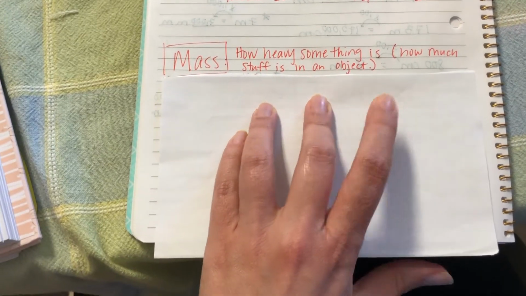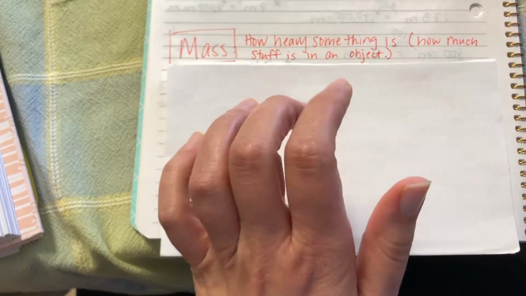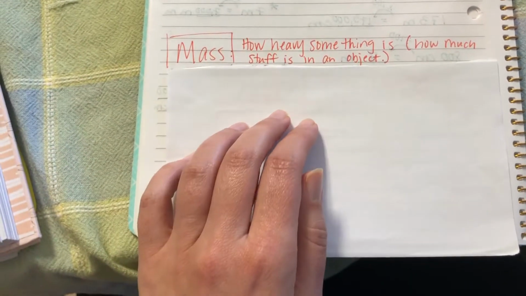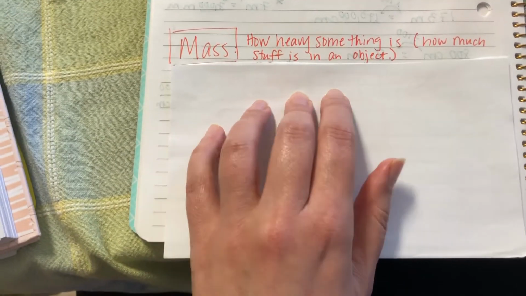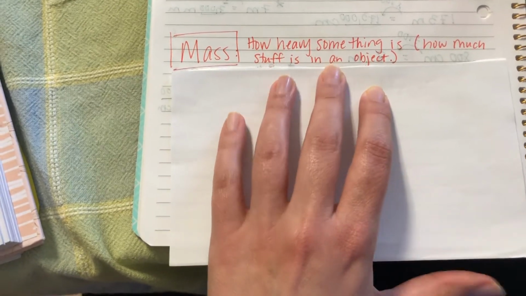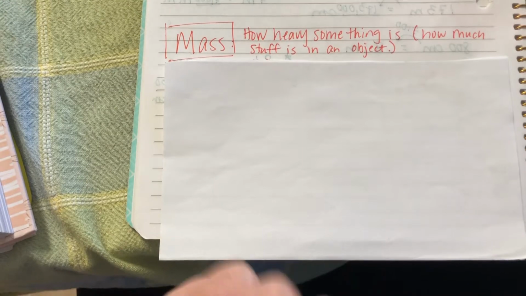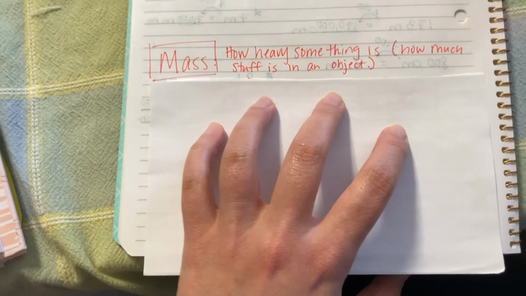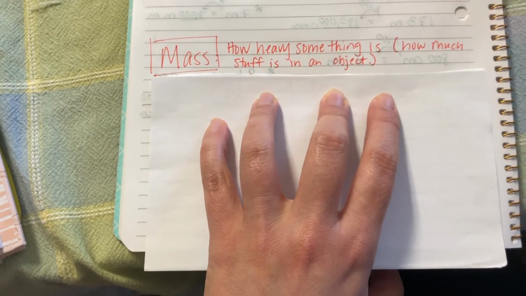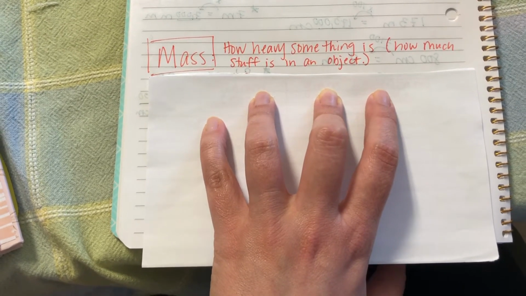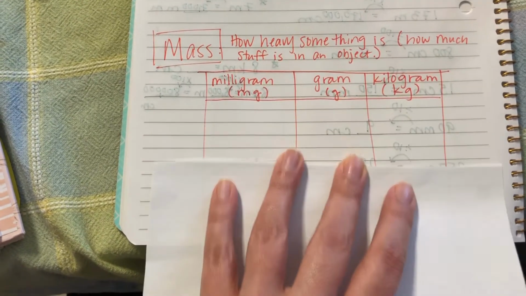But there are other more scientific ways that I won't go into where they can actually find the scientific mass of an object. Just know that it's technically different. And so if we use it interchangeably with how heavy something is, that's fine. We all get the idea of what mass is and what weight is. But as you get higher in your science career, you're going to find that it's a little different. So anyway, I just wanted to point that out.